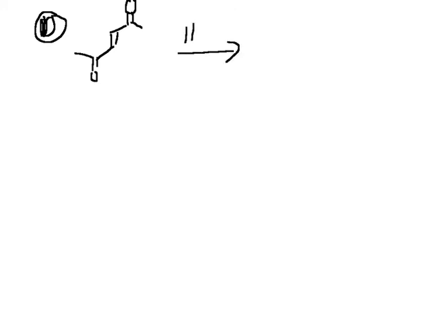Alright, let's take a look at D. So for D, we have H2SO4, and then below we have solvents, water and methanol, and it's saying it's a 50-50 mixture.